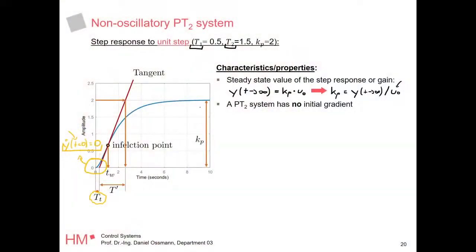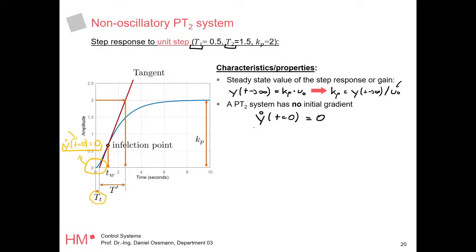So it makes sense to approximate that system, what I have on my desk, with a PT2 system. This is why you should always keep in mind how such systems look. I hope this is some motivation for it. So what it means is that y dot at t equals 0 is equal to 0.